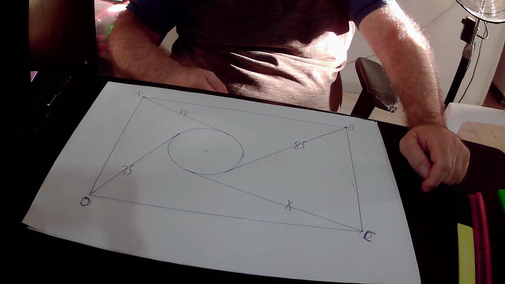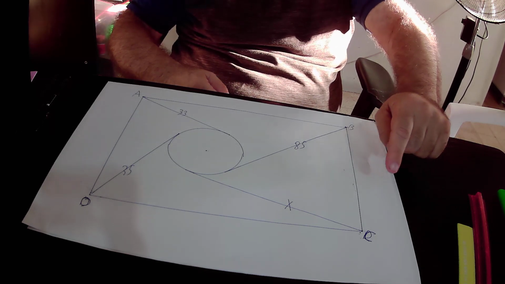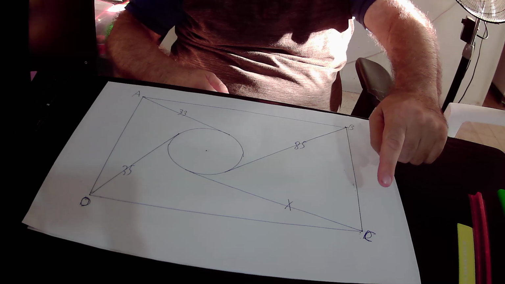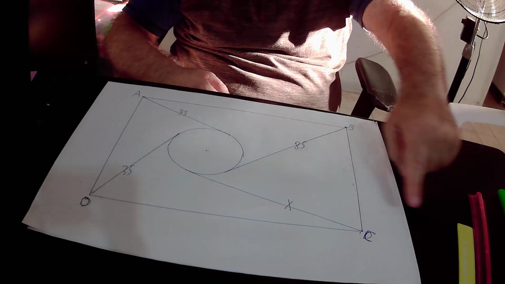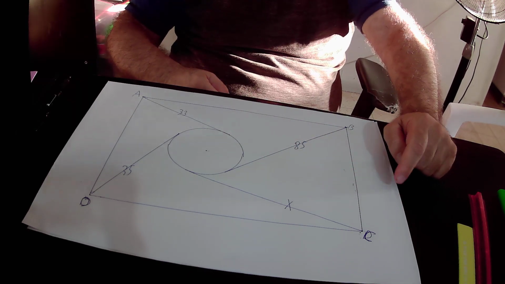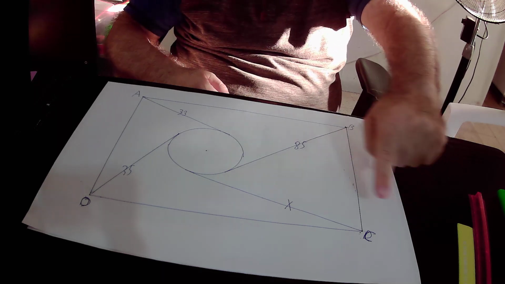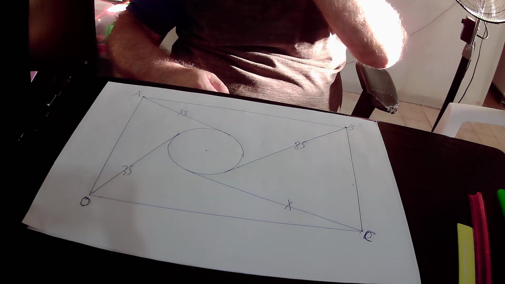As I already mentioned, our mission is to find the length of the tangent from point C to this circle, that is to say, to find the length of x.